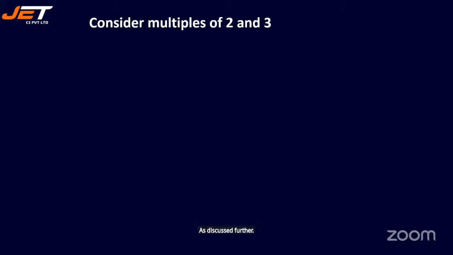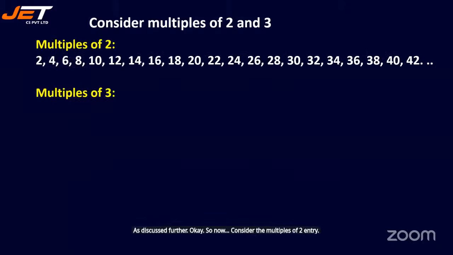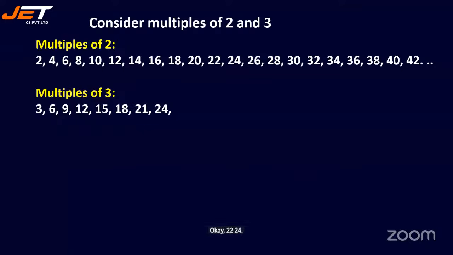Right. So now consider the multiples of 2 and 3. So multiples of 2 is what? 2, 4, 6, 8, 10, 12, 14, 16, 18, 20, 22, 24, and so on it goes. Multiples of 3 is 3, 6, 9, 12.